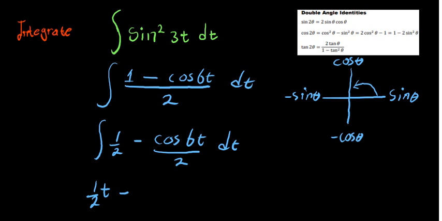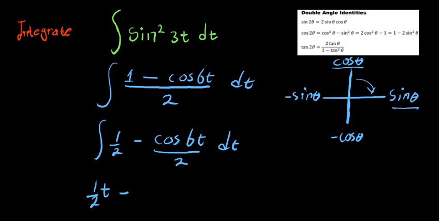If you differentiate cos, you get minus sine. So when you're going in the anti-clockwise direction, you are differentiating. When you go clockwise, in this direction, you are integrating. So the integral of cos is sine.